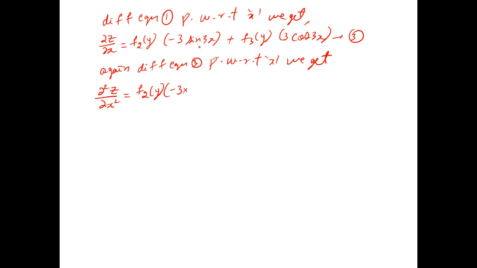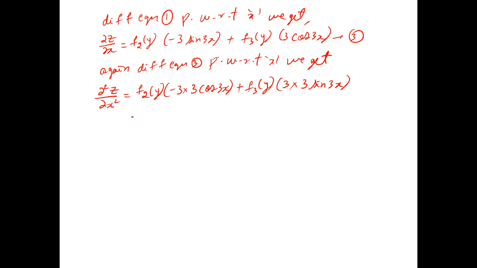Sine 3x differentiation, we have 3 cos 3x. Please remember this chain rule, friends. Plus f3y is constant, so write f3y as it is. Again differentiate this now, 3 is constant, keep it as it is, into cos 3x, the differentiation is minus 3 sine 3x.